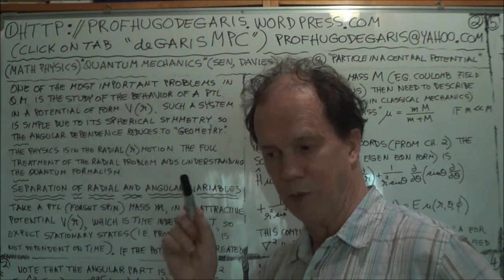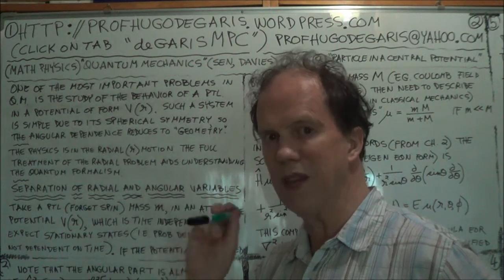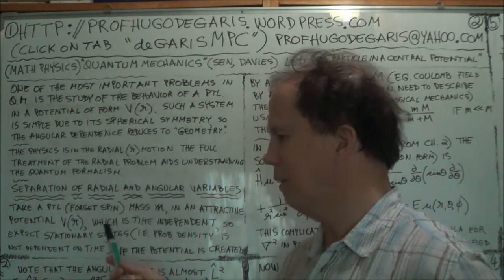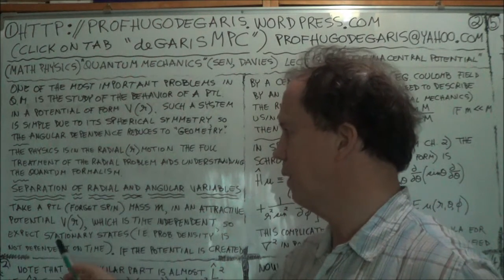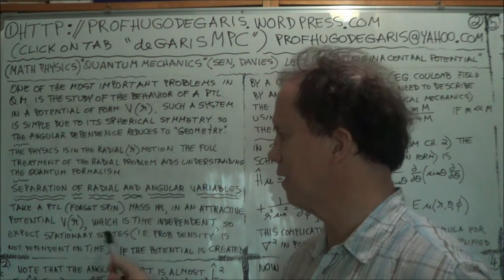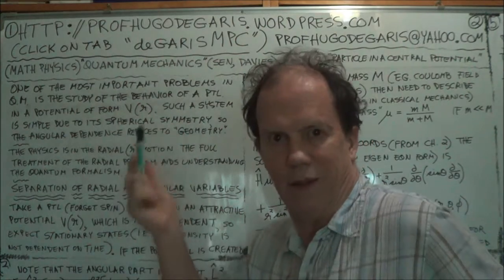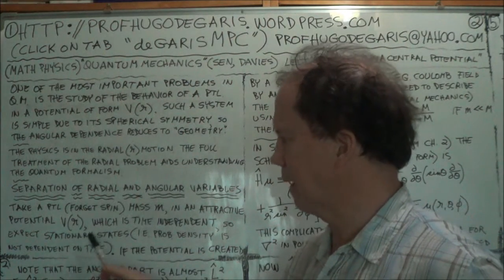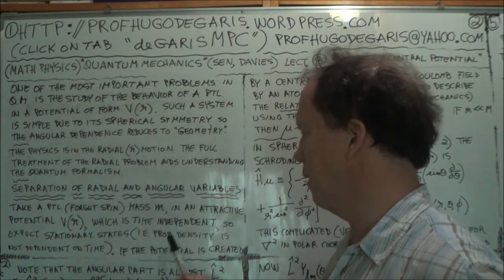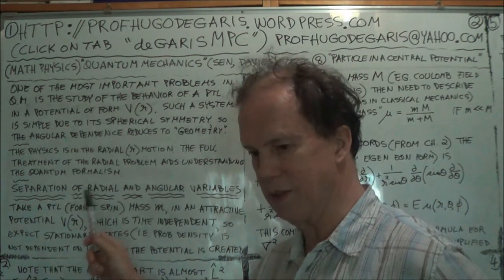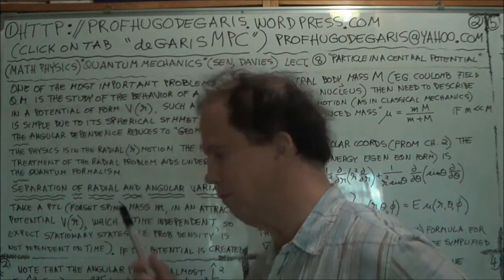Okay? So if the probability density is time independent, the wave function that you used for it is called a stationary state wave function, same thing. Right? So a stationary wave function or a stationary state has a probability density that's independent of time. Okay, refresher.